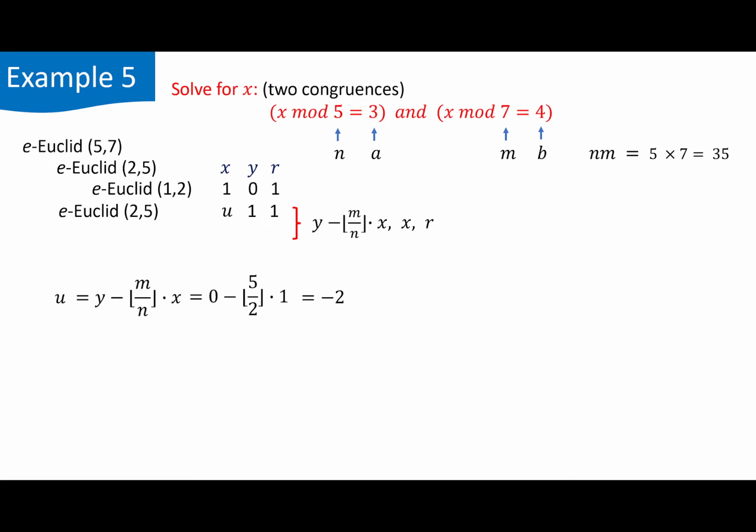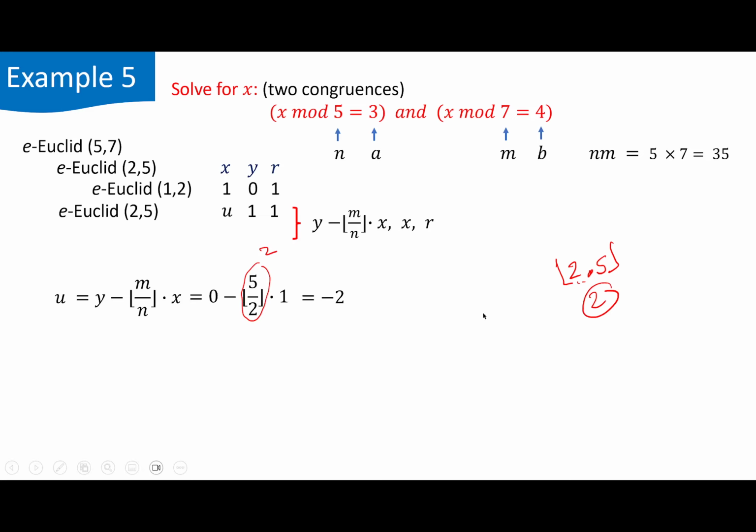See, 5 divided by 2 is 2.5, and we need the floor function of 2.5, which is 2, see? Floor function of 2.5 is 2. So 2 times 1 is 2, and 0 minus 2 gives you negative 2.